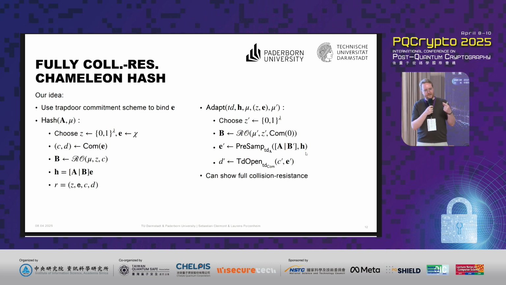And the B depends on the output of the random oracle, but the random oracle depends on the commitment. So if you would want to put the E into the commitment, you would have a circular requirement, which is not possible. And this is why we need the trapdoor commitment, so that we can first commit to an empty, or put an empty commitment or commitment to 0 in there, and then only afterwards put the real E prime into there.